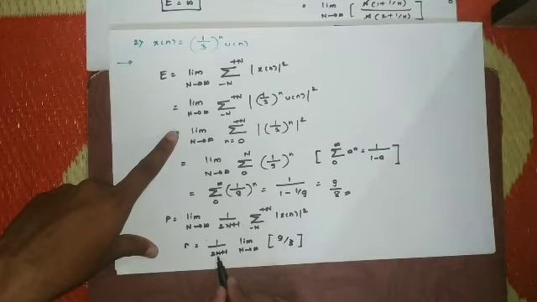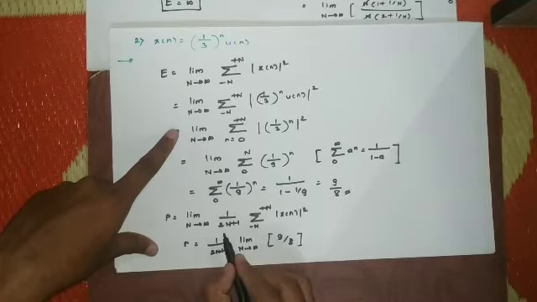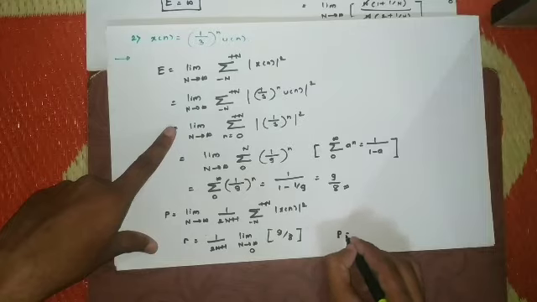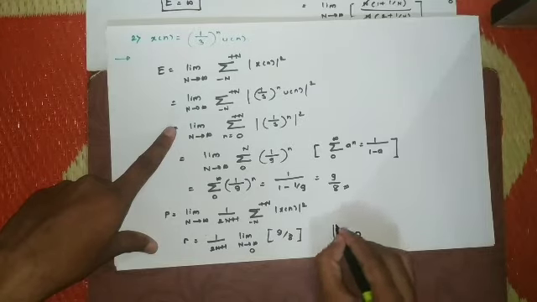If I put infinity here, 2 into infinity plus 1 is infinity, and 1 upon infinity is definitely 0. That means this particular term has a value of 0. So if I multiply 0 with 9 by 8, definitely the power is going to be 0.